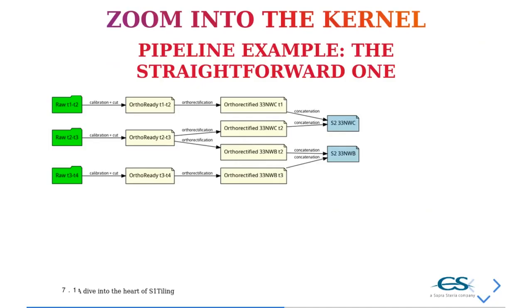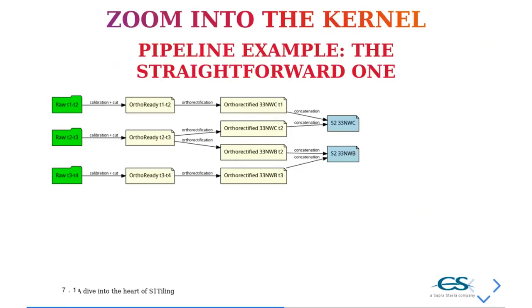Cut and calibration are two OTB applications. But I don't have any files in the middle. I directly produce this one from the original product. And then, given one target S2 tile, Sentinel-2 tile, I will ortho-rectify my ortho-ready product for this tile.